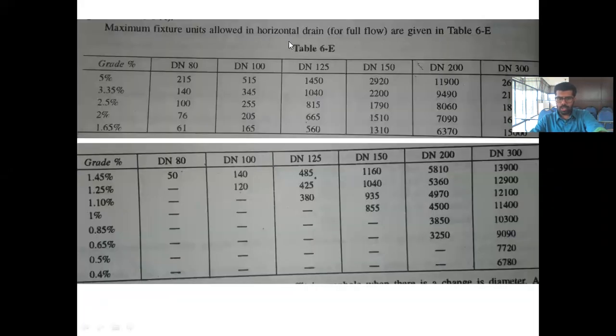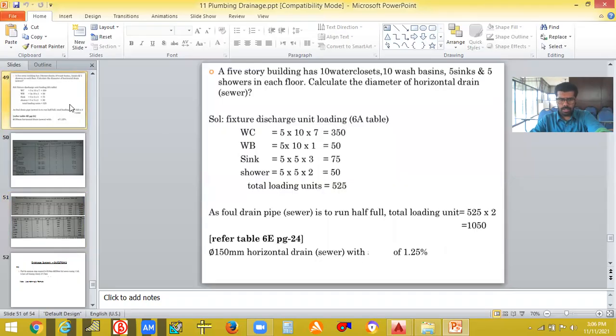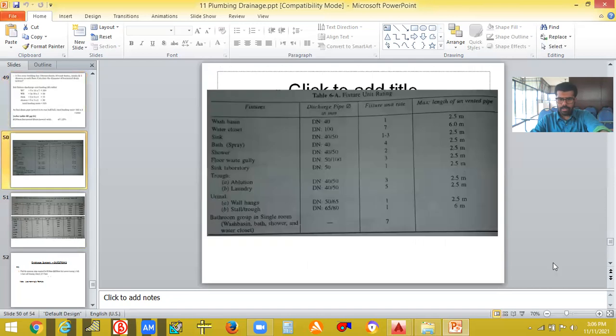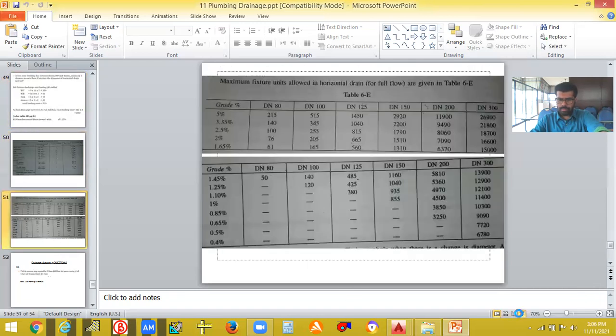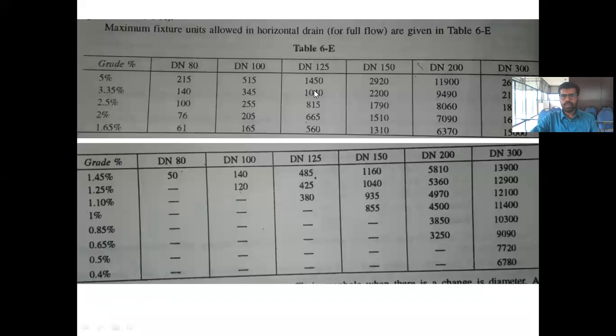Maximum fixture units allowed in a horizontal drain for full flow. We have taken the double of it, so 1050. Here are the different fixture units, and 1050 will be coming in this range.